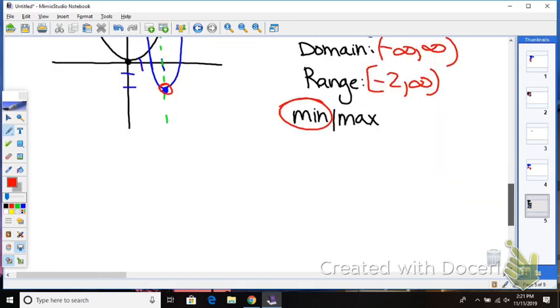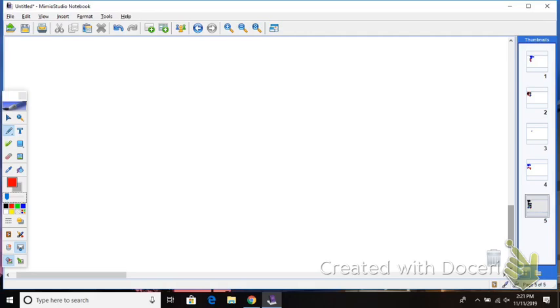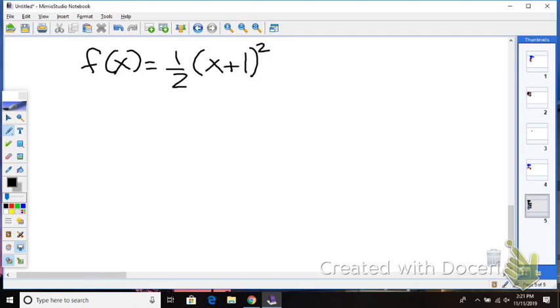Okay, let's do one you guys are going to do from beginning to end now on your own, and then I'll do one more with you, and then I'll give you your assignment for today. So I have for this one, f of x equals 1/2 (x plus 1) squared, minus 3. We have to graph.